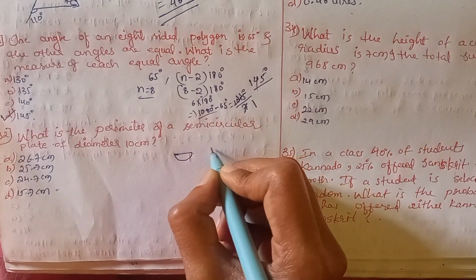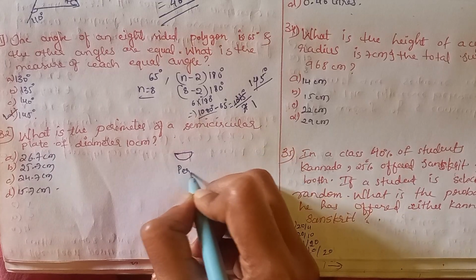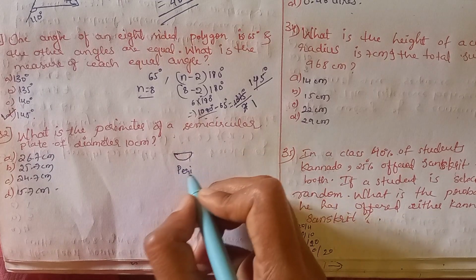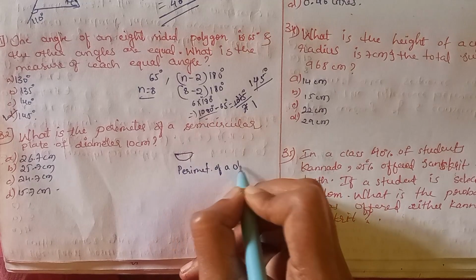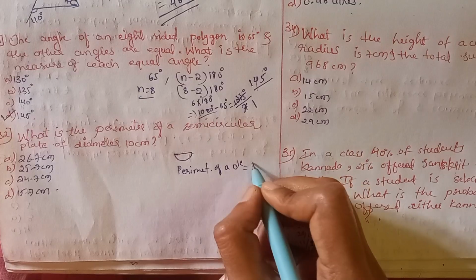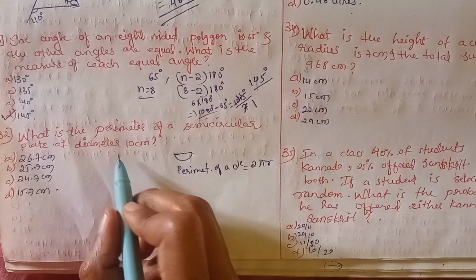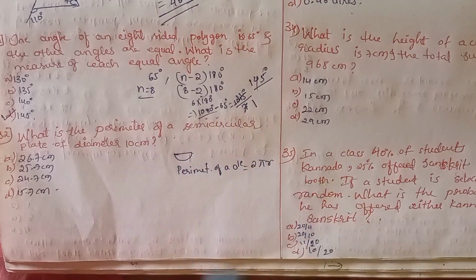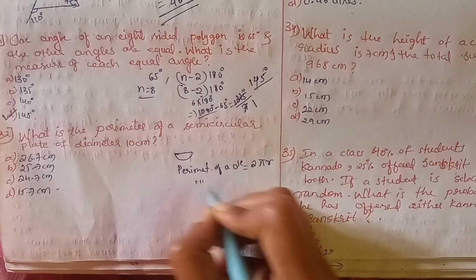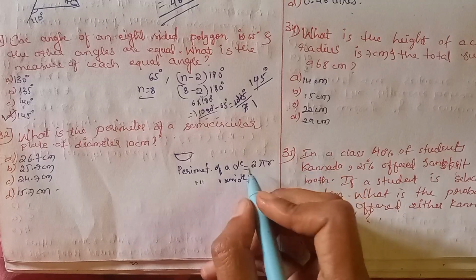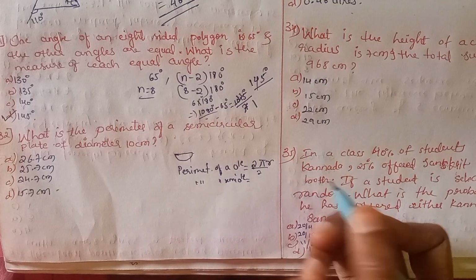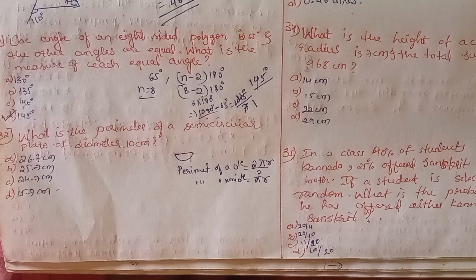We know the perimeter of a circle is nothing but circumference of a circle. Yes, perimeter of a circle is equal to how much? 2 pi r. But here we have to find the perimeter of a semicircle. So perimeter of a semicircle, we will divide by 2. Yes, it is going to be only pi into r.